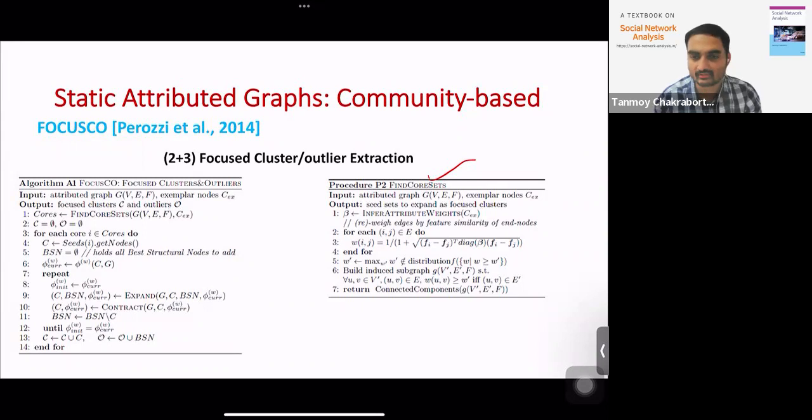But what it is trying to do is, you see here, the input is the attributed graph and the exemplar node. You also have the input beta. So you call this function for attribute weight, which is this one, and you get the beta value.